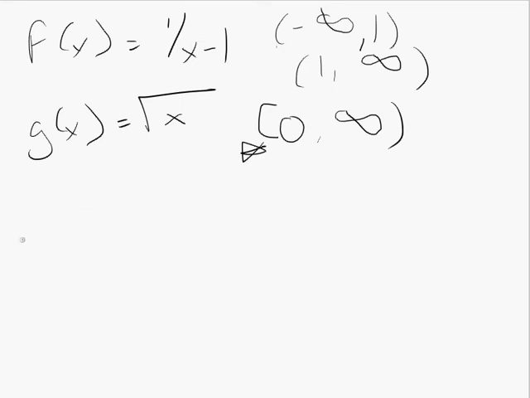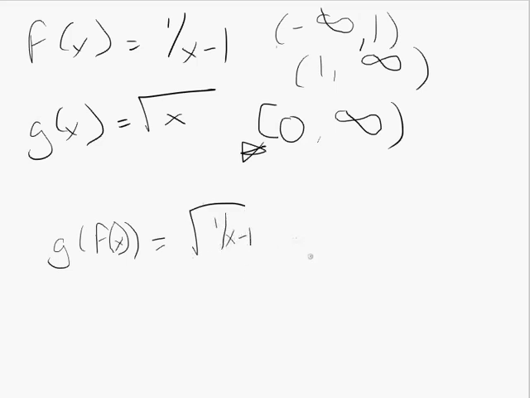Is it f of g of x? You can do whichever one you want first. You have to do both. Equals... So g... So you just take the square root of... Good.